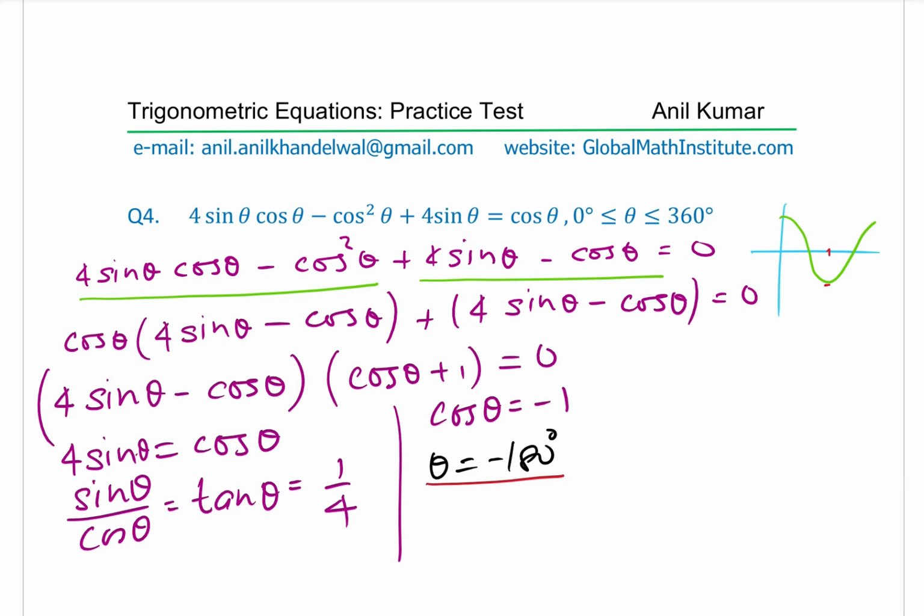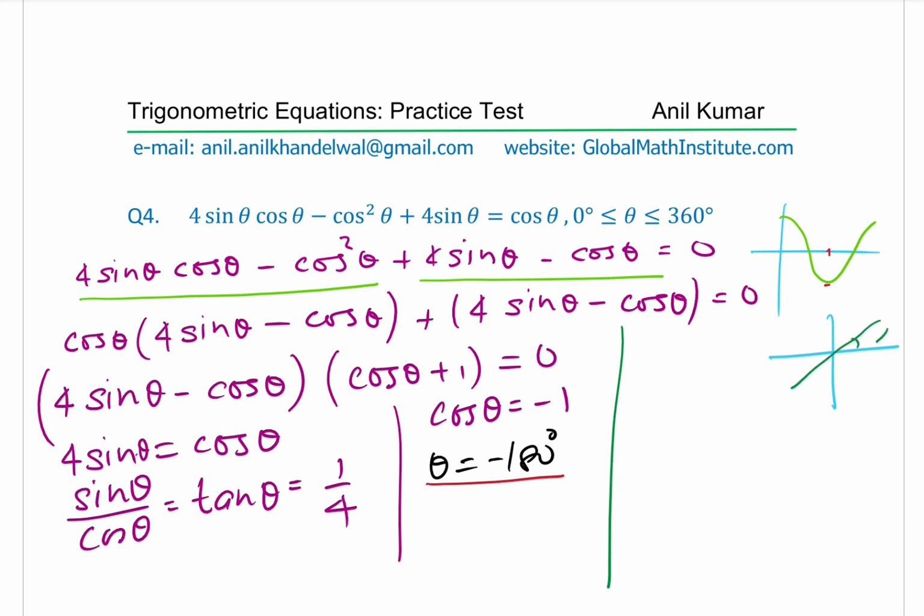Now, for tan theta equals to 1 over 4, we might use the calculator. So we'll find the related acute angle and then the solution. So let's do it here. So we're now looking into tan theta equals to 1 by 4, which is positive. That means we're looking into quadrant 1 and quadrant 3.